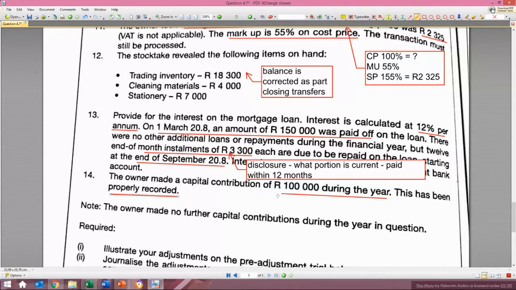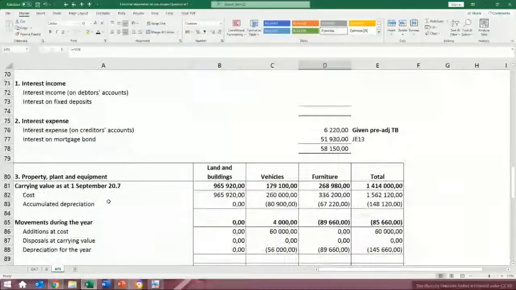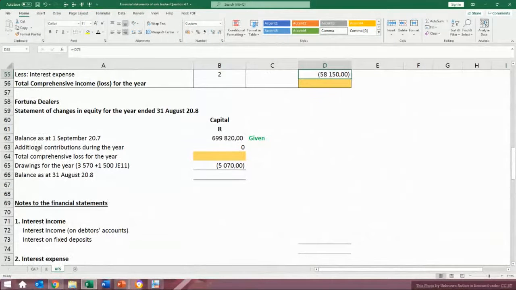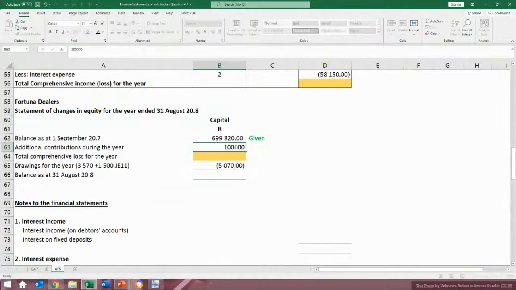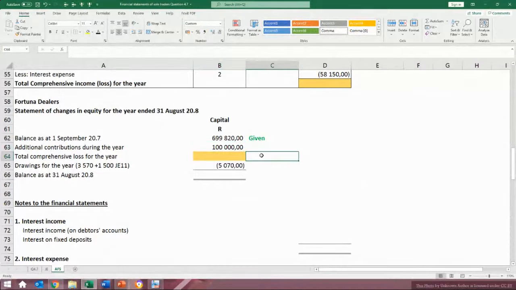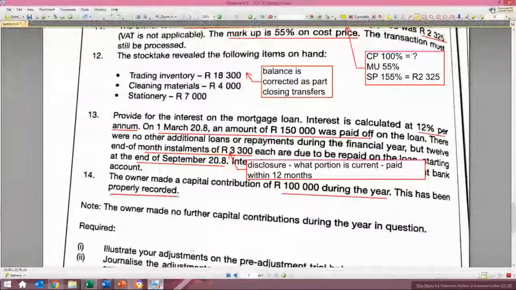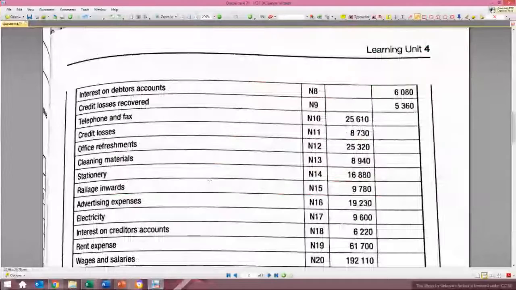Where I would need to take this information into account is when I do the statement of changes in equity, and I need to capture here 100,000, because they've said that we made a capital contribution during the year.